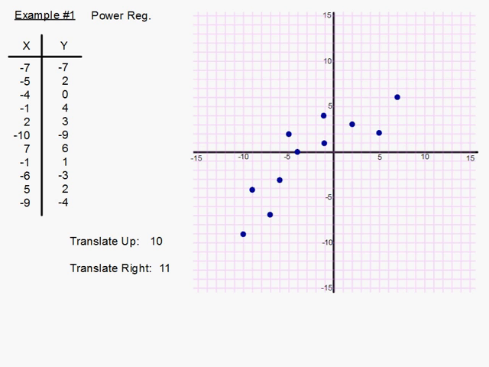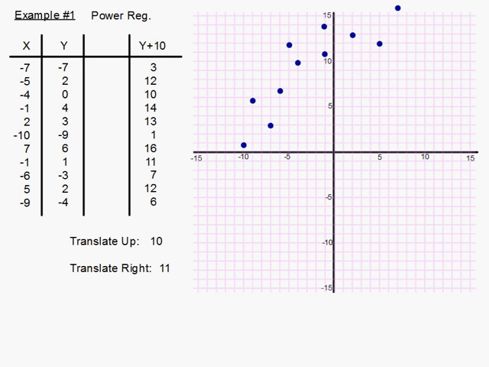So if we move up 10, the data moves up so that the y's are all positive. And now if we move right 11, one of the points just got cut off up here, sorry. But that's going to make all the x's positive, just like that.